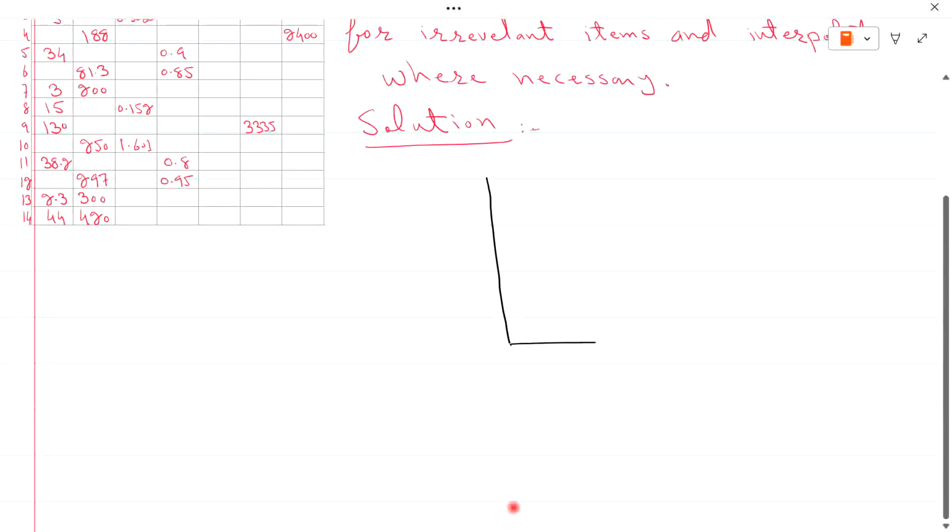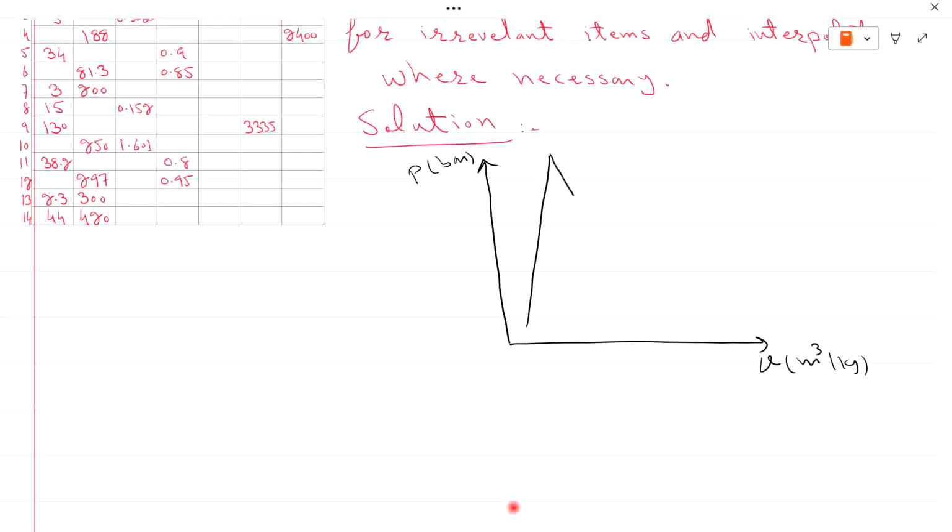To clarify the saturation curve briefly. Pressure in bar and specific volume in meter cube per kg. This line is called saturated liquid line. This line is called saturated vapor line.